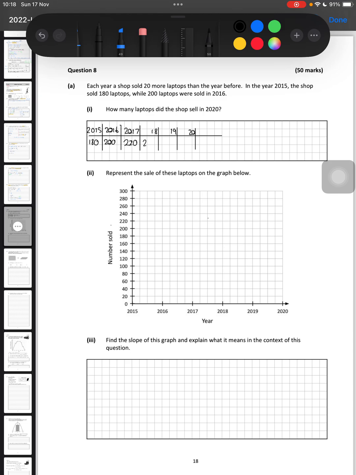So 220, 240, 260, and then 280. Okay, alternatively, we could have said, okay, well, in 2015, there was 180 laptops sold, okay, plus 20 for each year that's passed, so plus 20 for each of the 5 years that have passed, so that we get 280 laptops.